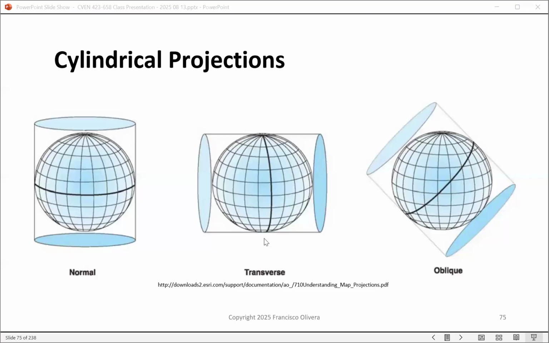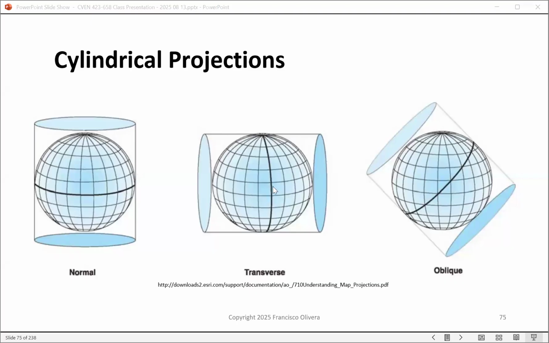UTM, Universal Transverse Mercator, defines a cylinder that is tangent to the surface of the Earth along a meridian. Along that meridian, the projection is going to be perfect because the surface of the Earth barely touches the cylinder, so it's going to look perfect along this meridian.